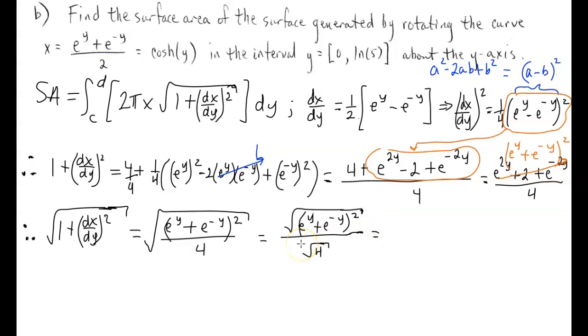And of course, the square root of anything squared is going to give us the absolute value of the expression under the radicand. And of course, square root of 4 is just 2. And because e raised to the y and e raised to the negative y are both always positive quantities, we can get rid of the absolute value signs here. Okay.